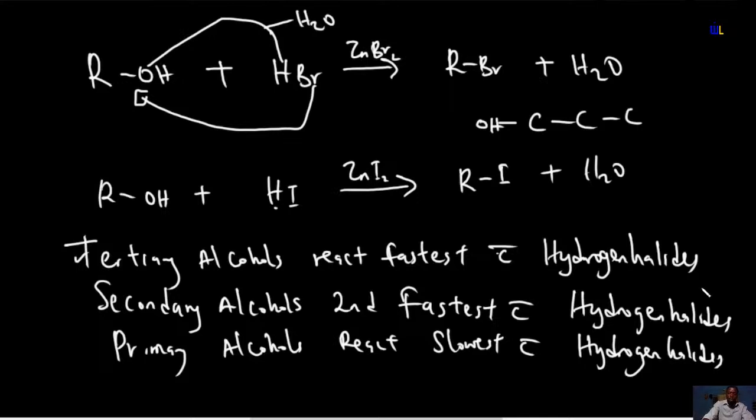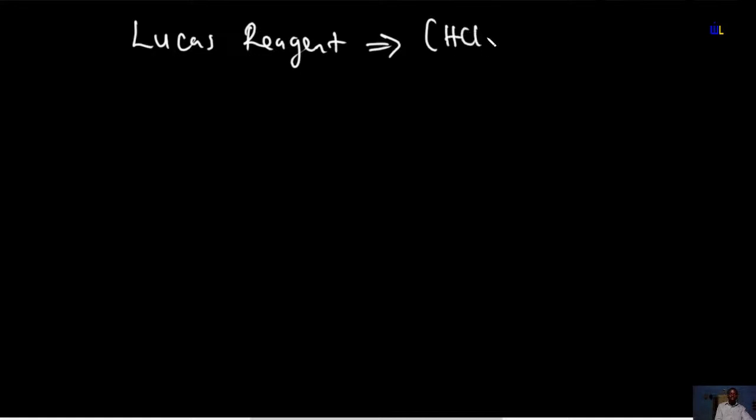The most popular one used to test alcohols is what we refer to as Lucas reagent. Please take note of this. Lucas reagent is a mixture of hydrogen chloride and zinc chloride. The zinc chloride is more like the catalyst.